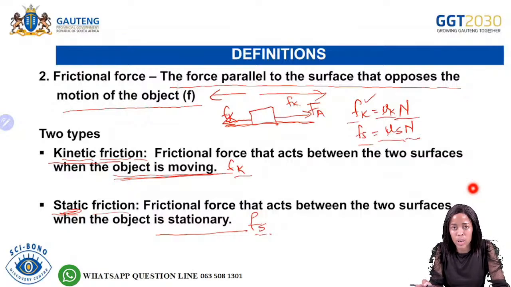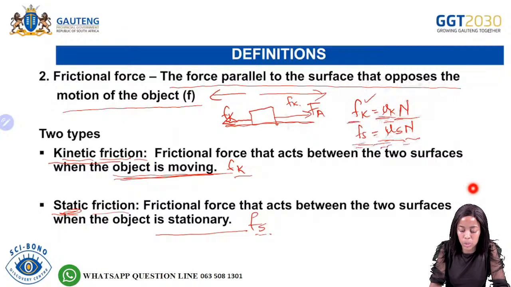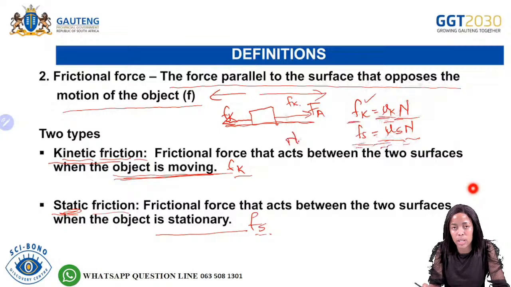What you need to know again is that the coefficient, whether it's the coefficient of kinetic friction or of static friction, will have no units. But the unit for the forces, the kinetic friction and the normal force, is the Newton.